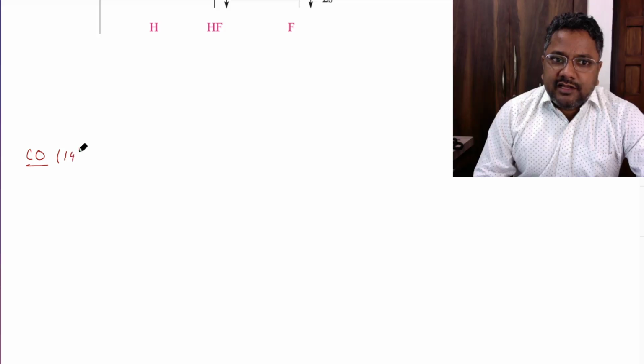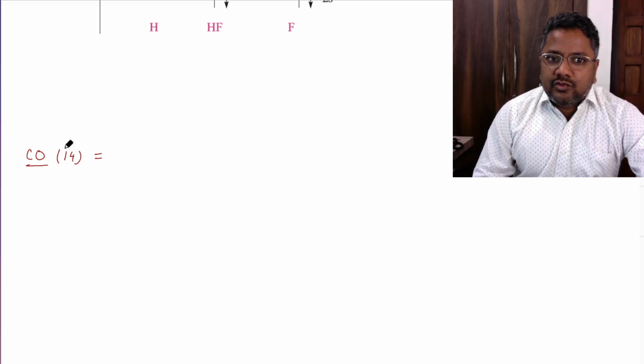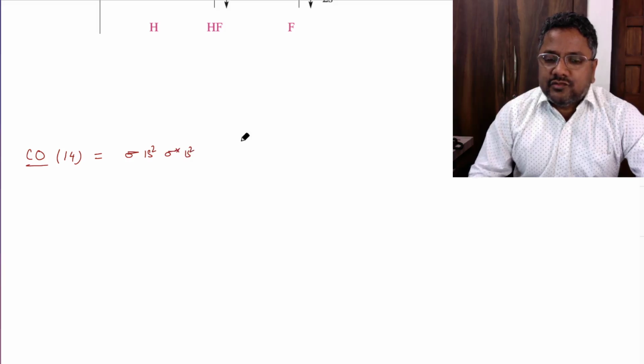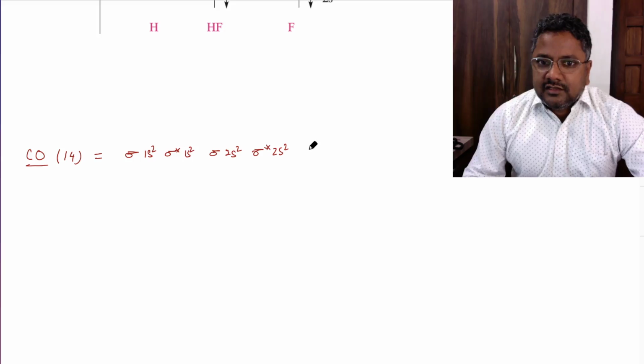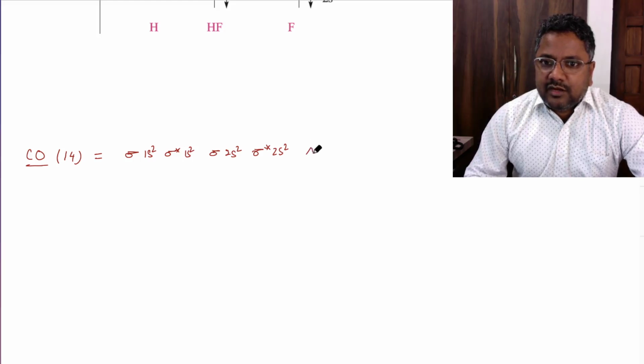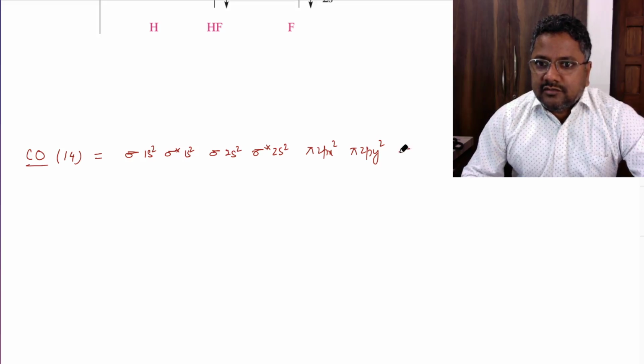They explain that it has 14 electrons, so the nitrogen electronic configuration is applicable here: sigma 1s2, sigma star 1s2, sigma 2s2, sigma star 2s2, and then pi 2px2, pi 2py2, and one more, sigma 2pz2, right?